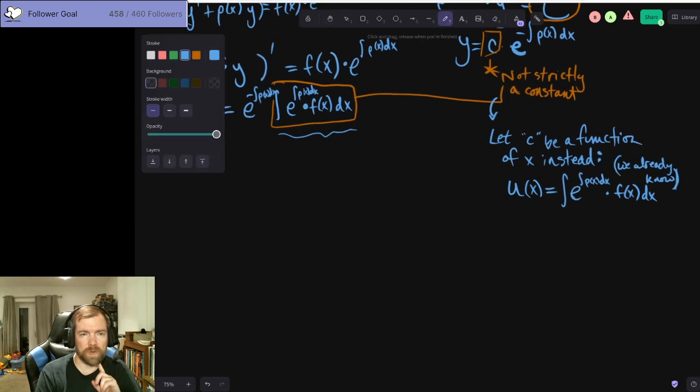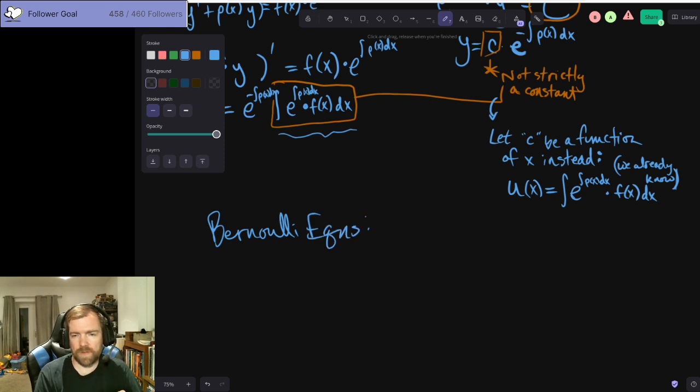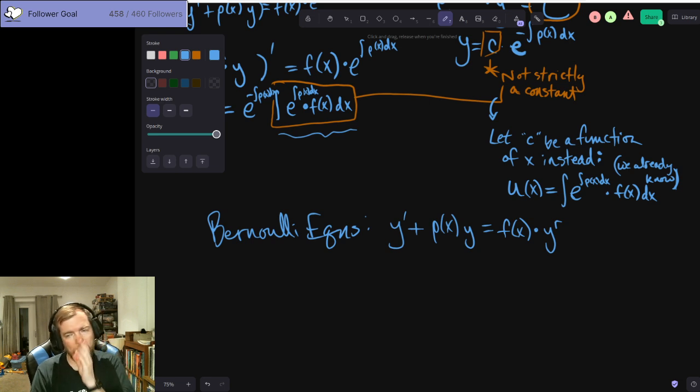But then what about Bernoulli equations? For that, you've got y prime plus p of x times y is equal to f of x times y to the r. So that's a little weird.